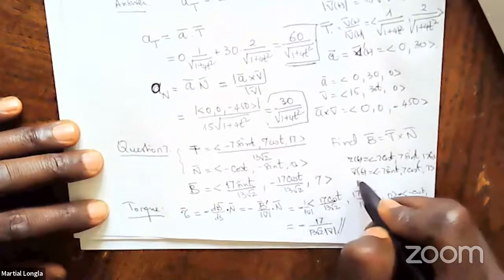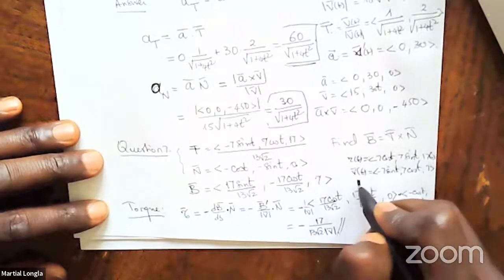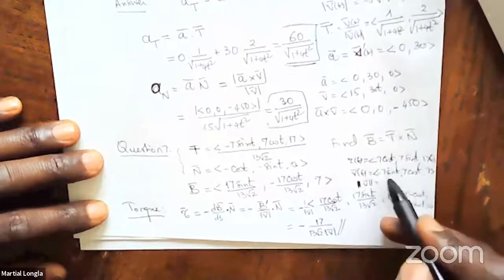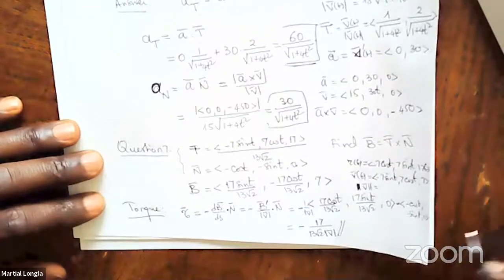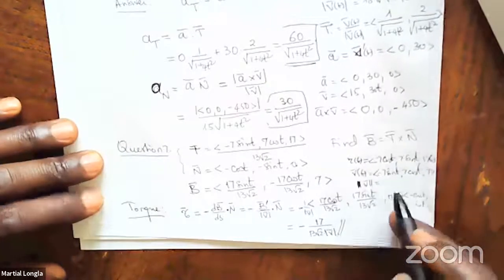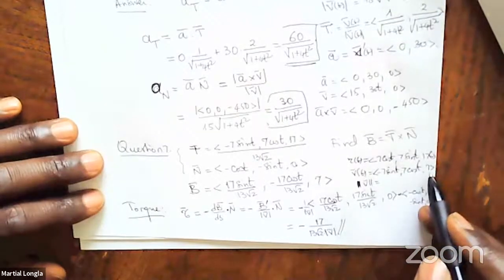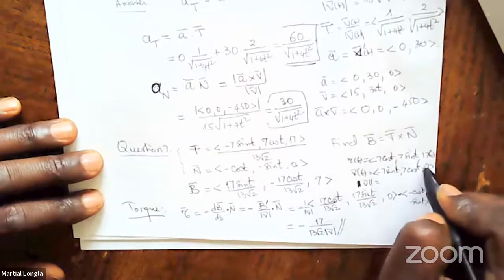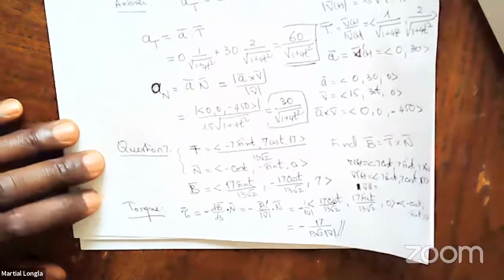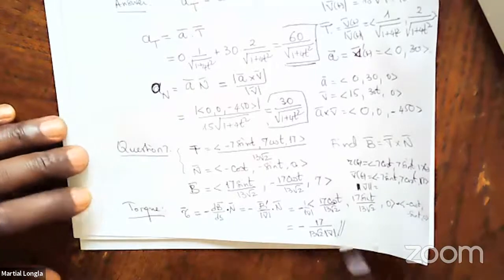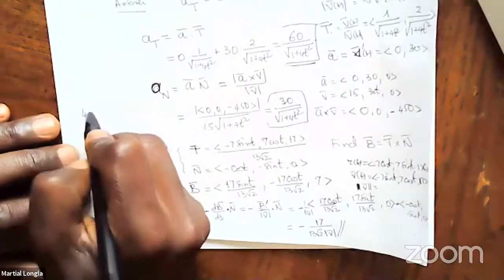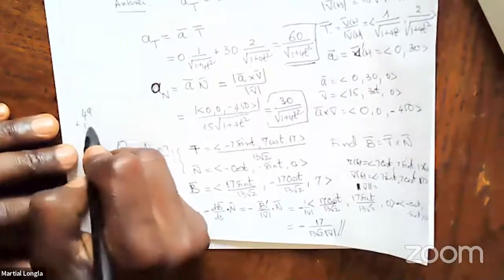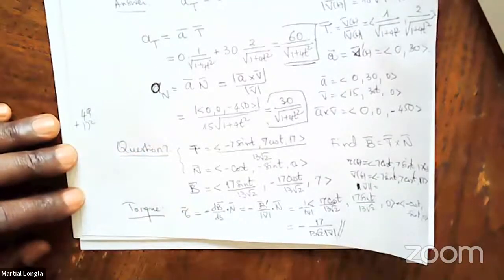That's why the magnitude of v is the square root of 7 squared sine squared plus 7 squared cosine squared, which is 7 squared, so 49, plus 17 squared.